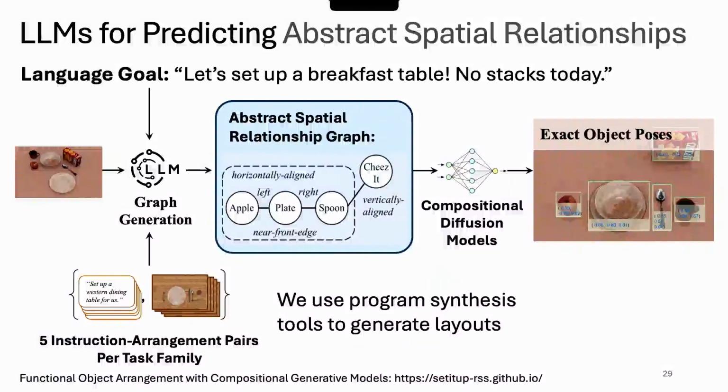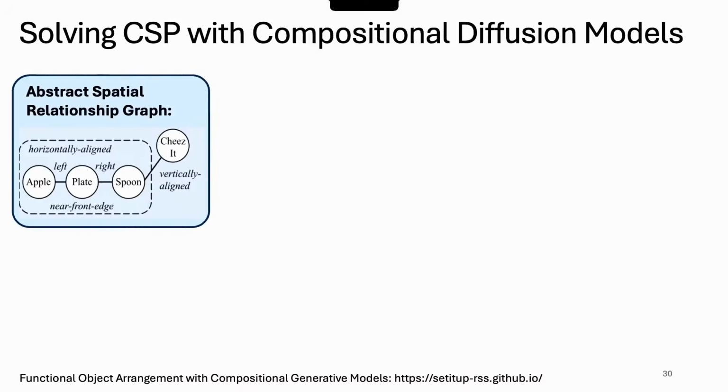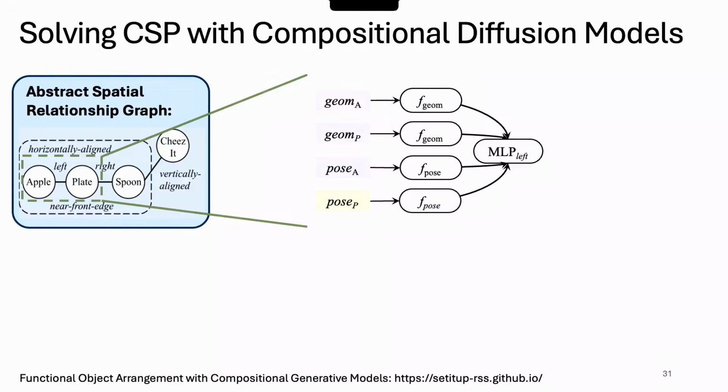Now I want to dive into this compositional diffusion model, which takes as input this graphical structure, which is totally symbolic, and it generates continuous values, in this case, the pose of the objects. How do we do it? For each kind of relationship we have, for example, left, we have a dedicated diffusion model trained on it.